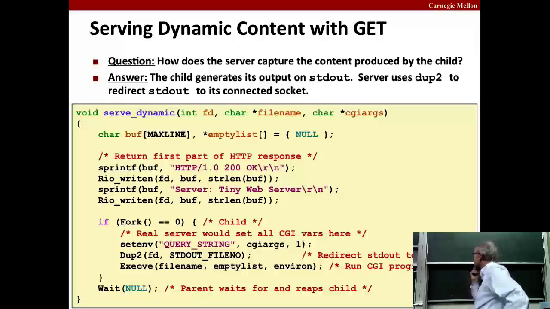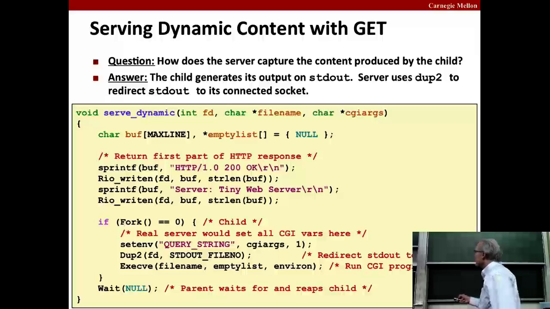Wait a minute, let me look at this. Oh, I'm sorry. File descriptor is the client's file descriptor. And we're in a fork, I'm sorry. So now we're in the child process. Okay, let me read all the code. Within the child process, it's going to rename its standard output so that it's writing directly to the client.